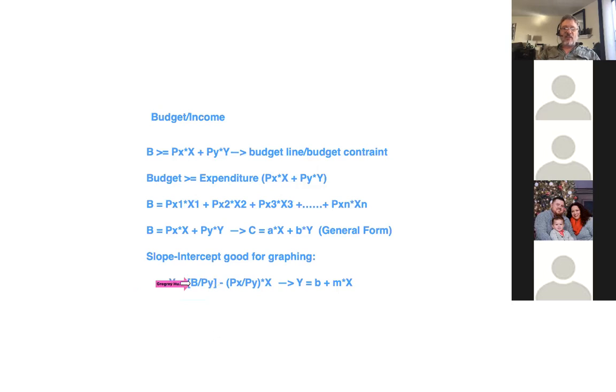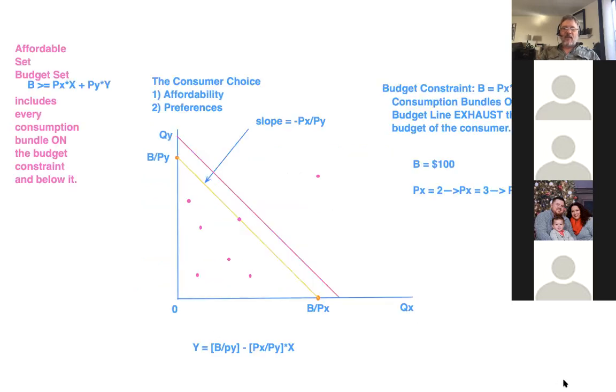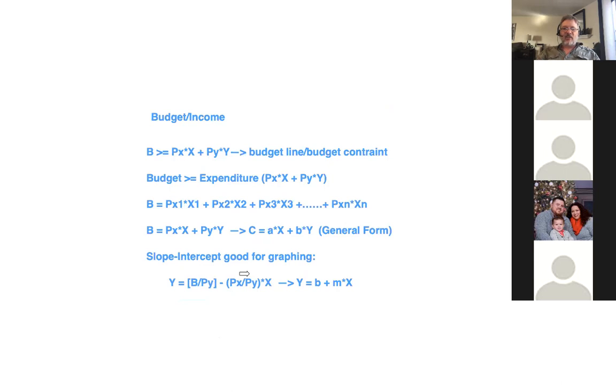If I increase B, I'm just going to get a parallel shift outward, right? The slope is not affected. Notice the slope is still just determined by the prices. It's only the vertical intercept that's changing.